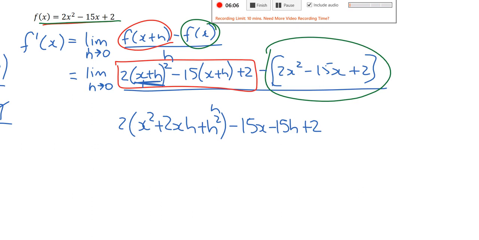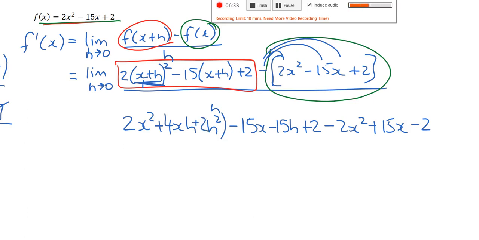Yep. And then I'm just going to expand this bracket. Minus 2x squared plus 15x minus 2. Yeah? And I could rewrite the whole thing, otherwise I could just change that 2 to a 4, and that to a plus 2h. Okay, can you imagine me just expanding that bracket just like that? Happy? Okay, so that's the limit as h tends to 0.